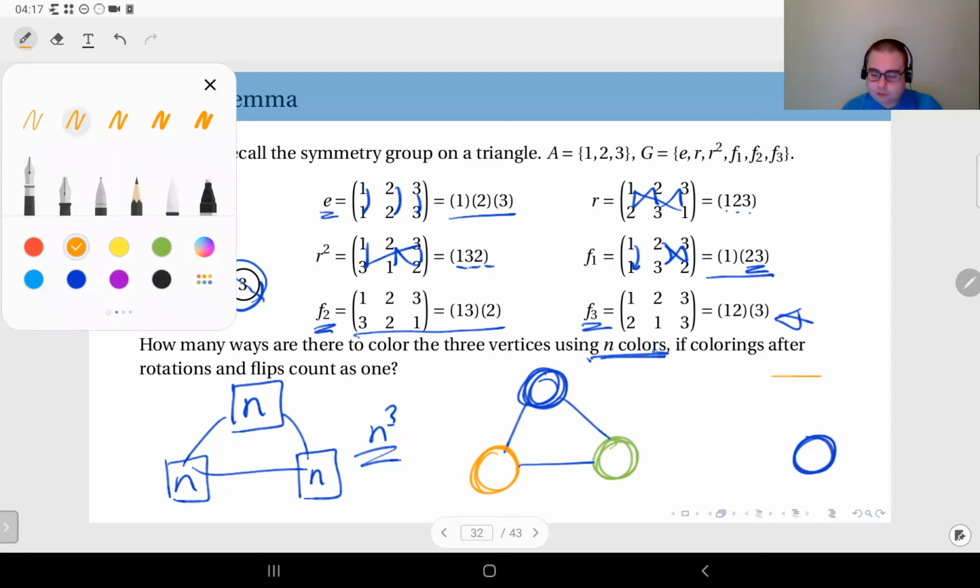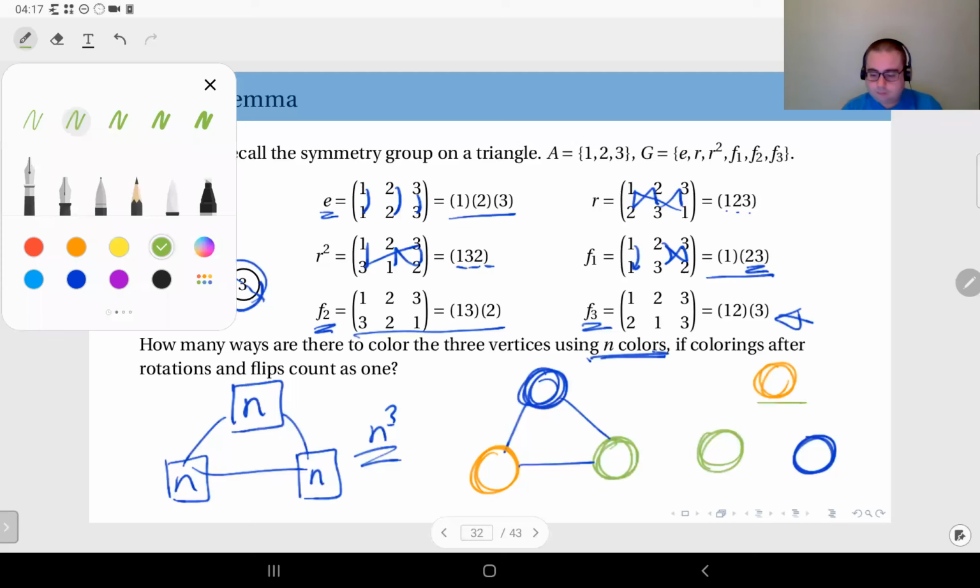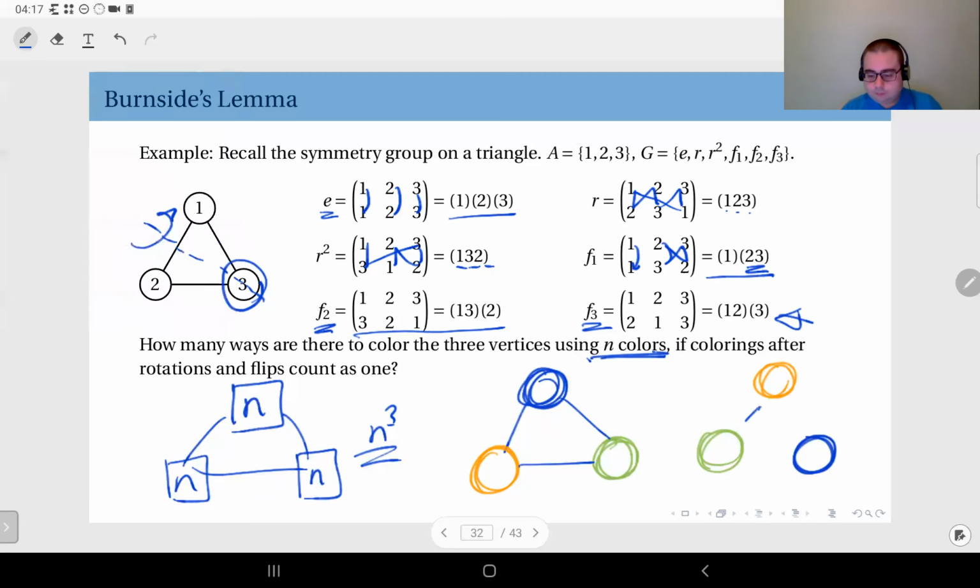Let's say this is orange and green. Now these two configurations, if you treat every vertex different like this scenario, then they are different. But that's an easy question. Just 3 positions, n choices, so the answer is n to power 3.